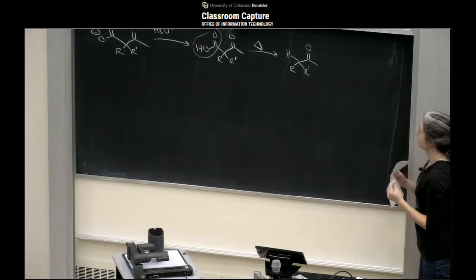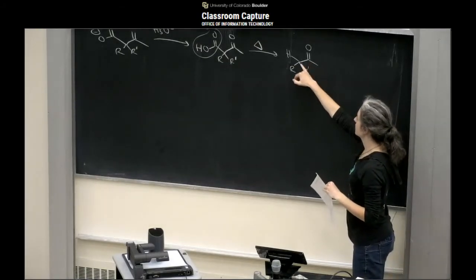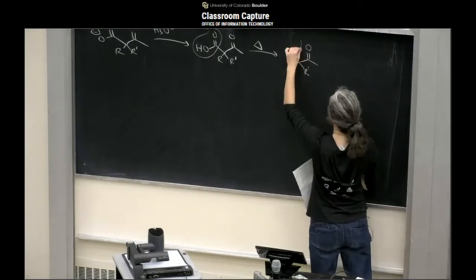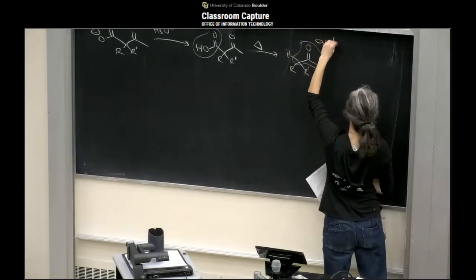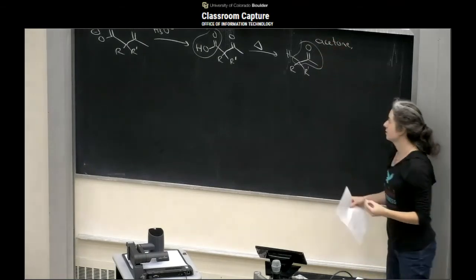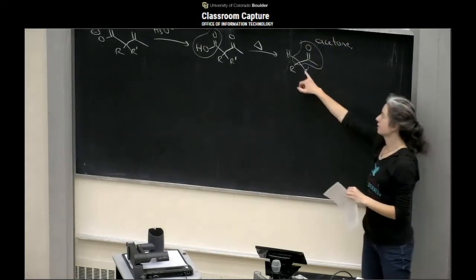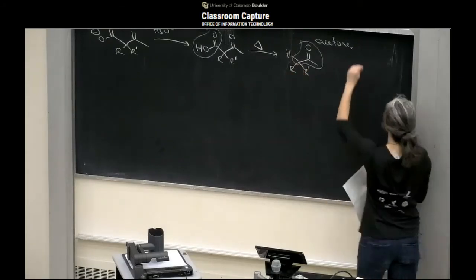Okay. So overall what we've accomplished is we end up with basically a molecule of acetone, but with two possibly different R groups of our choice stuck to the same carbon on one end of acetone.